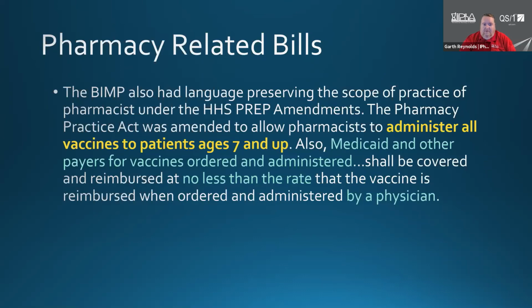The big part of this paragraph, in addition to that big change for the 7, is that it also states now in the Pharmacy Practice Act, once the budget is signed, that Medicaid and other payers for vaccines ordered and administered shall cover reimbursement at no less the rate than what's administered by a physician. So all this language is from what will be in the act.